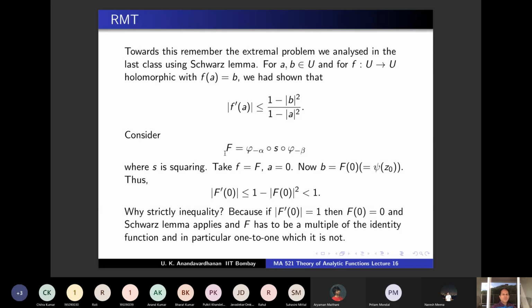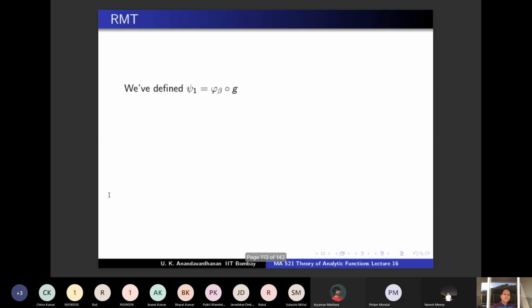Okay, so you have considered this capital F, and what you have shown is that modulus of f prime at 0 is strictly less than 1, strictly less. And this is enough to show our claim. So recall that our definition psi 1 is phi beta composed g, and recall that g square is phi alpha composed psi. Therefore, psi is what?